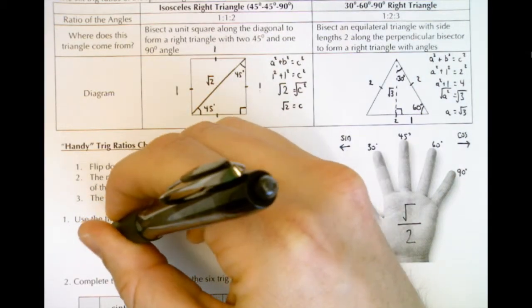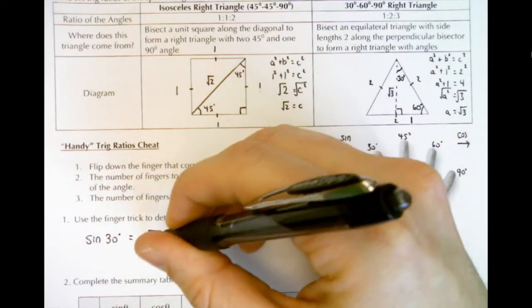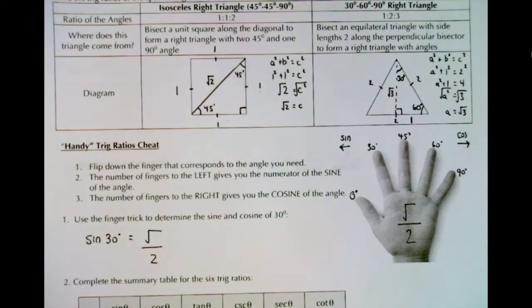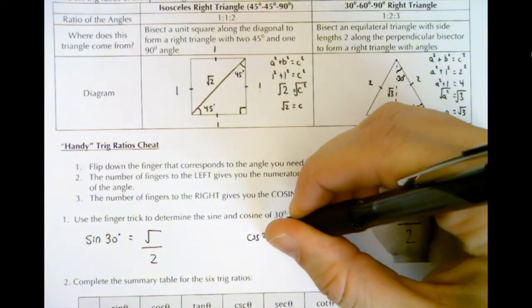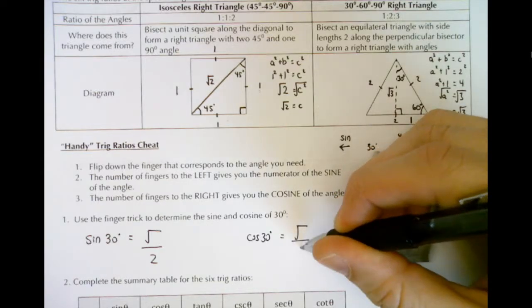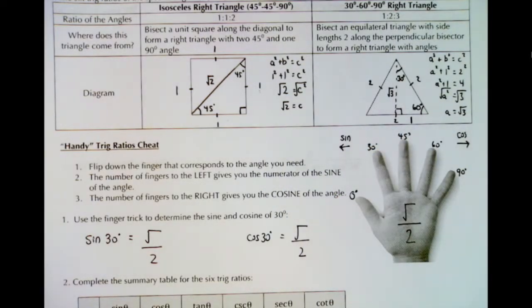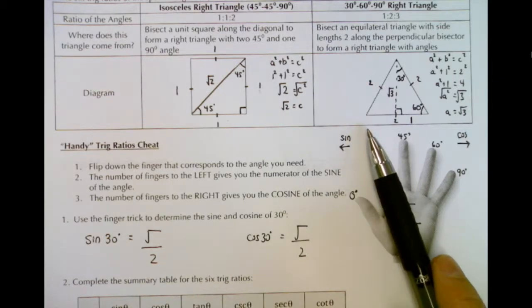Sine 30, we're going to have an answer in the form of root something over 2. And cos 30, we're also going to have the answer of root something over 2. To find out what, we're going to put down this finger because we know we're looking for angle 30. So I'm going to cover it up with my pen.